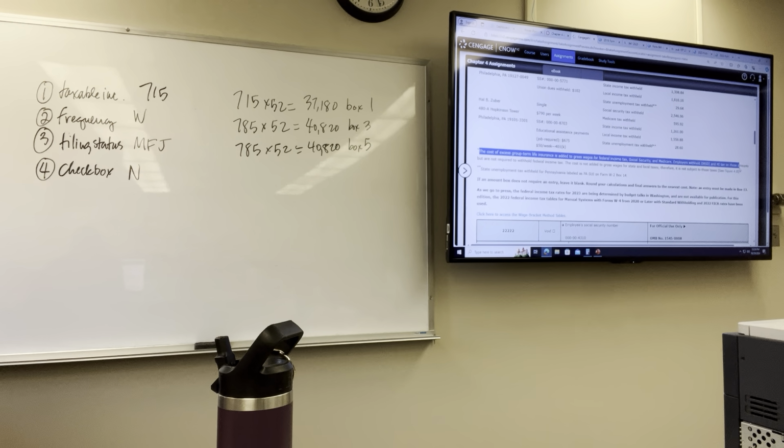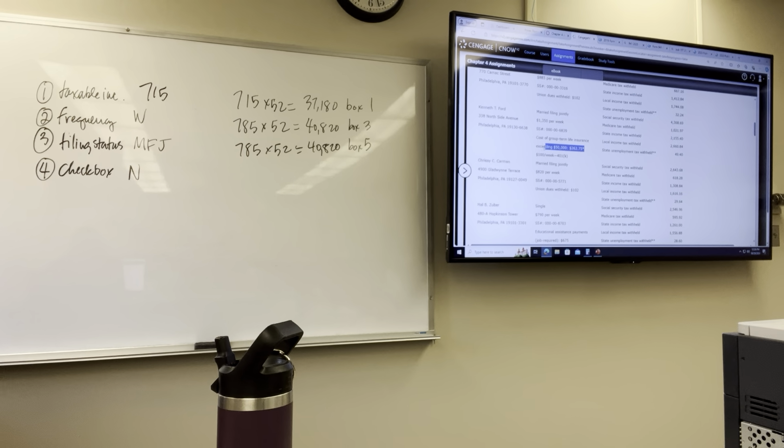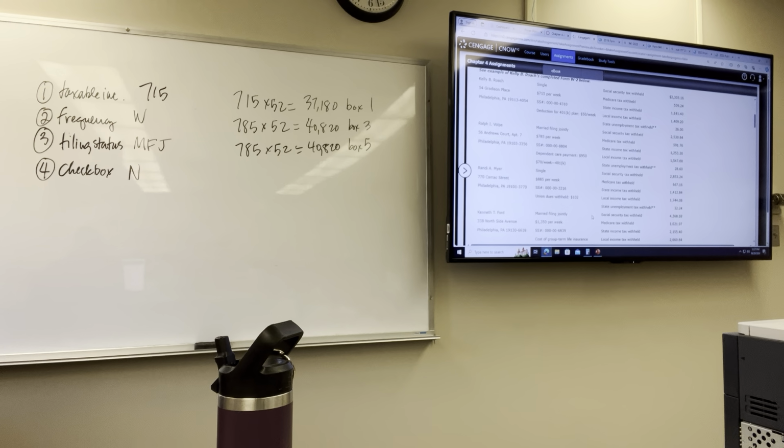Employers withhold OASI and HI tax on these amounts, but are not required to withhold federal income tax. So it's included in taxable wages, but the withholding is not. The cost is not added to gross wages for state and local taxes, therefore it is not subject to those taxes. So there's a little additional information there for at least one. This employee here has some group term life insurance, Kenneth Ford, FYI.